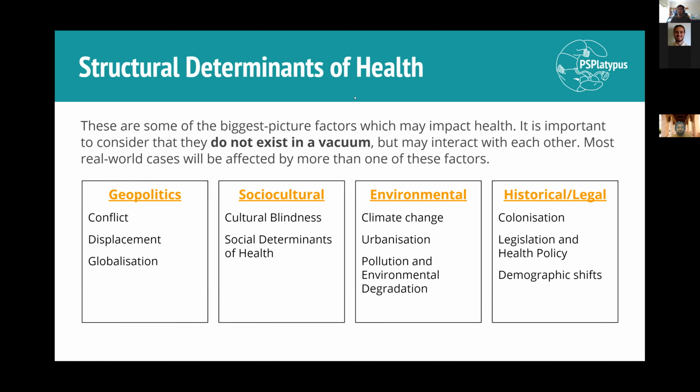All right, so we talk about the structural determinants of health, and these are the really big, the sort of highest level classification. So on a geopolitical level, we have things like conflict, displacement. So if there's a war, if there's a widespread natural disaster which causes people to be displaced, their homes are being destroyed.